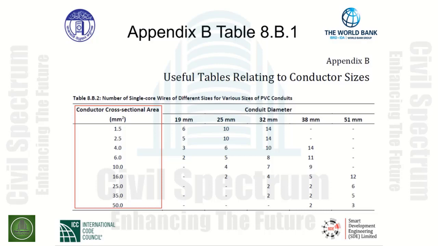All of the wiring in between is common wiring size. Now off to the left of the table here, conduit diameter. We're given typical conduit diameters and how many wires can be inserted into the conduit based upon the cross-sectional area.